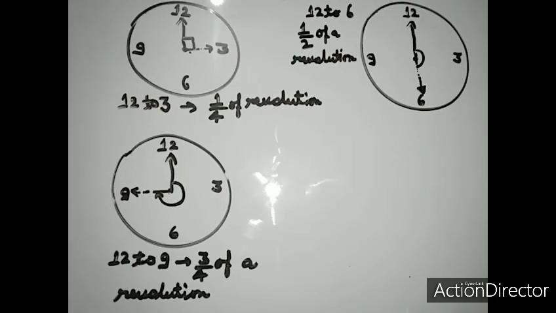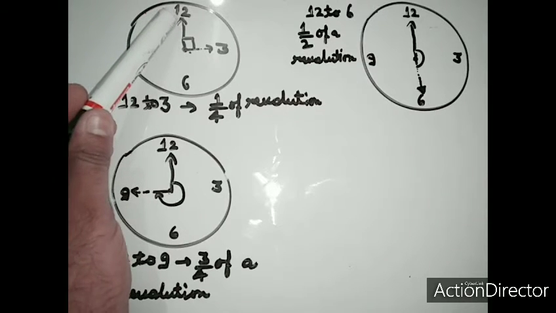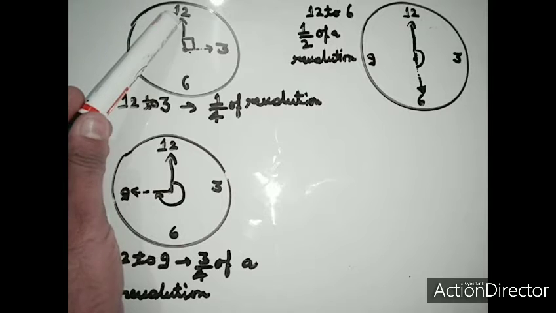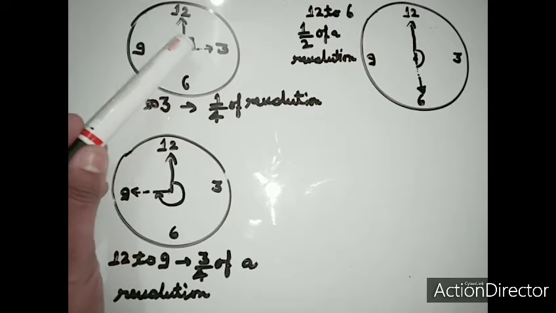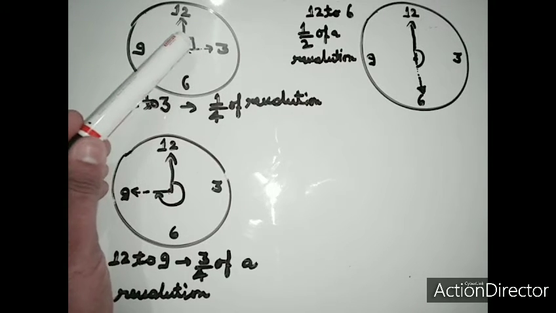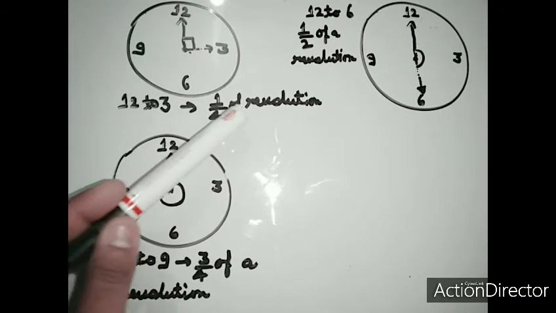And dear students, here we take some questions related to the clock. What is an angle? The minute hand or sometimes the hour hand makes some angle between its initial position and its final position, right? Like here, this is the initial position of this hand, and when it moves to 3, that is the final position. The angle formed between these two positions is 90 degrees, and we say this 90 degrees is 1/4 of a revolution.